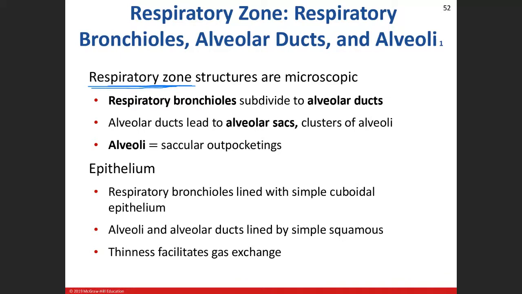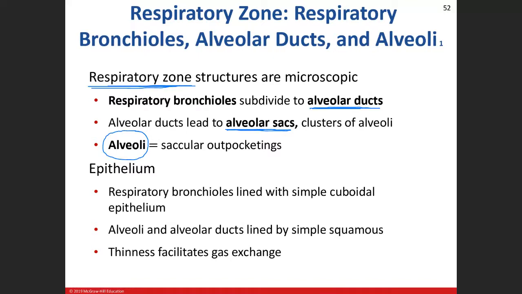The respiratory zone includes the respiratory bronchioles, the final part of the piping system, the alveolar ducts, and at the end of these ducts, the sacs of alveoli. When people talk about alveoli in general, they're talking about those grape-like cluster sacs at the end of the respiratory bronchioles.